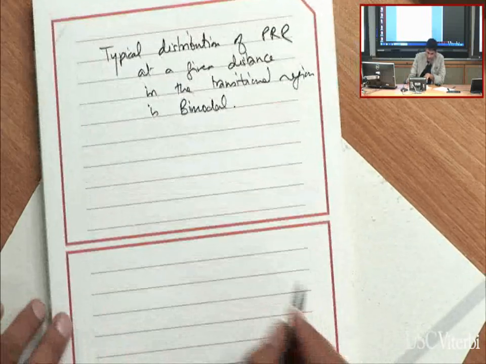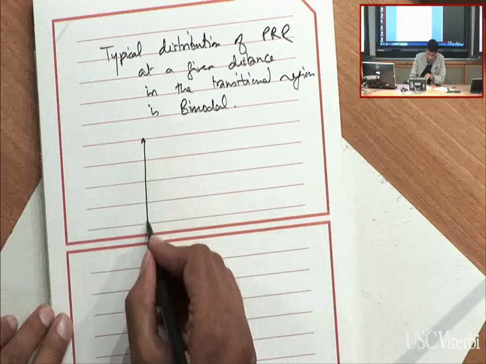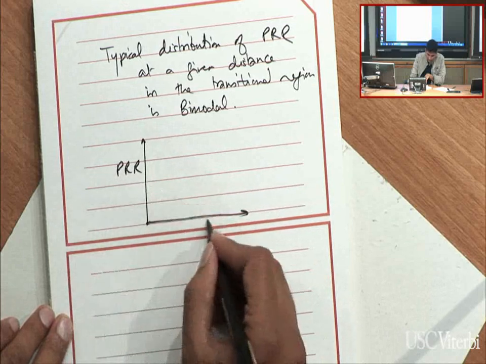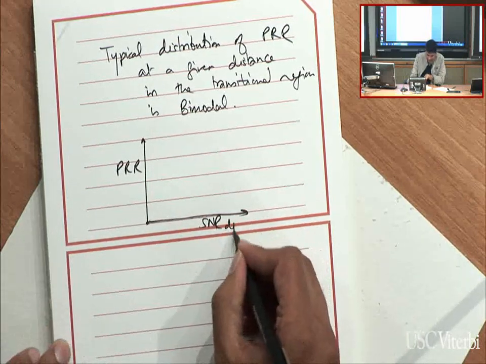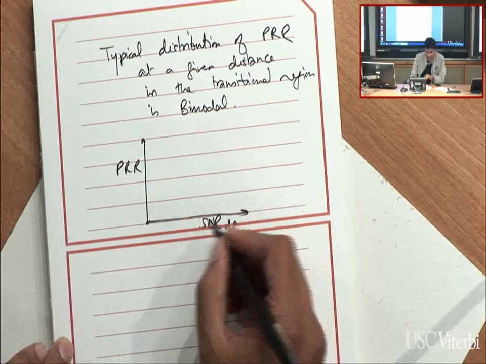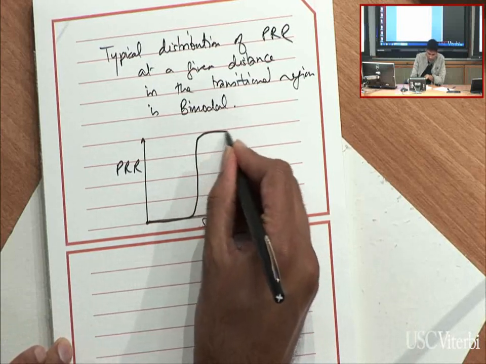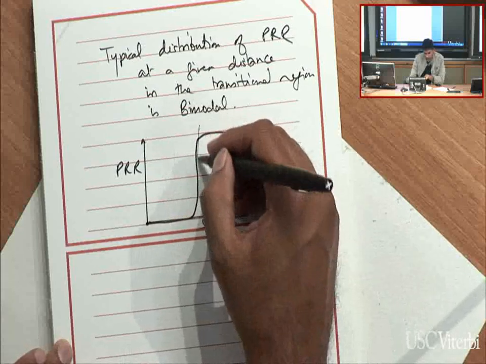And what I mean by that is, if you go back to plotting PRR as a function of SNR, let's say in the dB scale, if the signal to noise ratio is really low, you get almost no packets being received, and beyond some point packets are received.